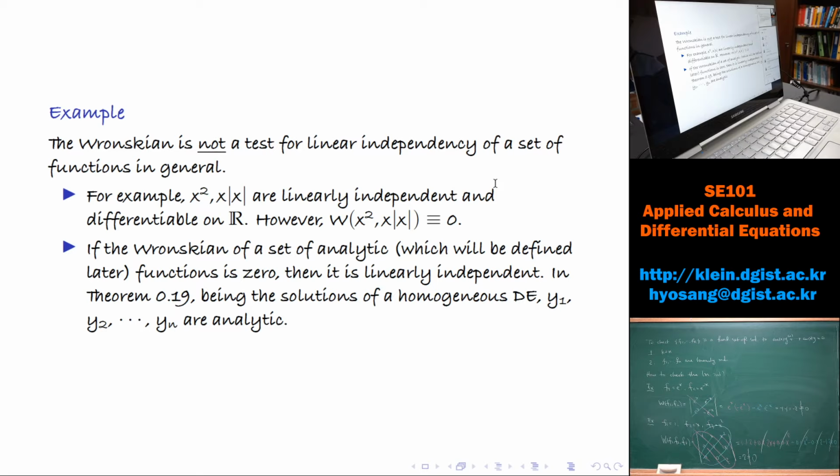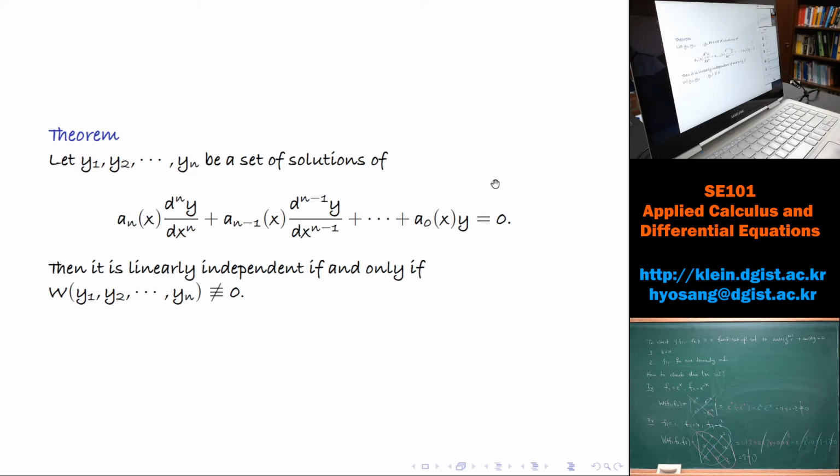However, the Wronskian of these 2 functions is identically 0. Now it seems contradictory, because by the previous theorem, if n functions have a non-zero Wronskian, then that is the if and only if condition to say that these n functions are linearly independent.